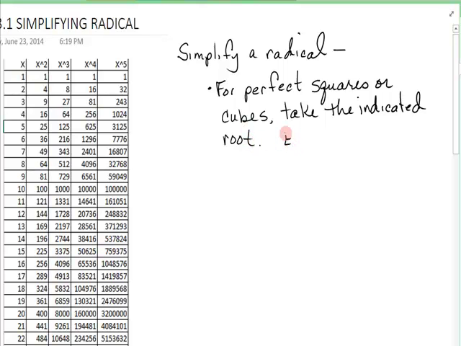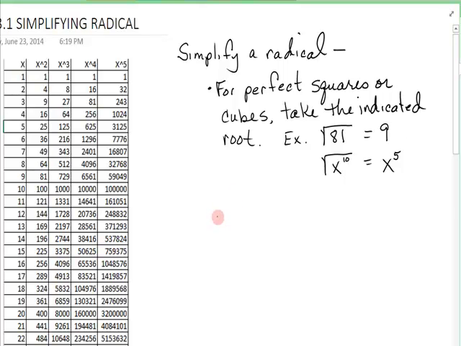Example, if I said, what's the square root of 81? If I said to simplify that, you would say, well, that's the rational number 9. If I said, would you simplify the square root of x to the 10th? You would say, sure, that's x to the 5th.